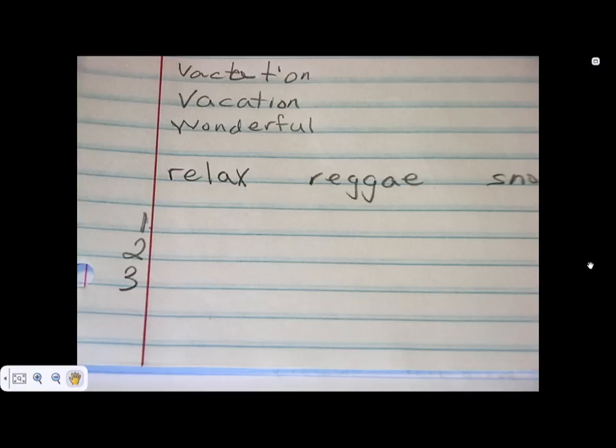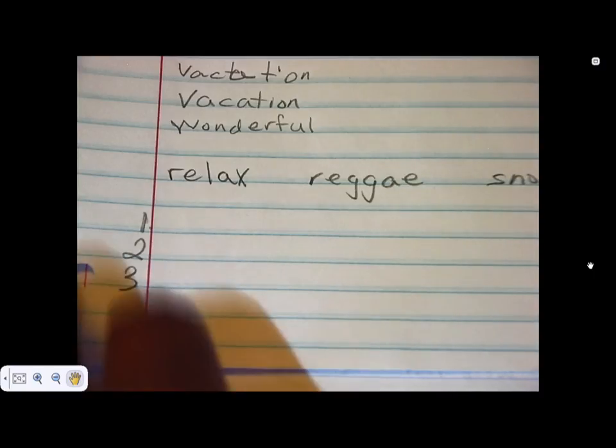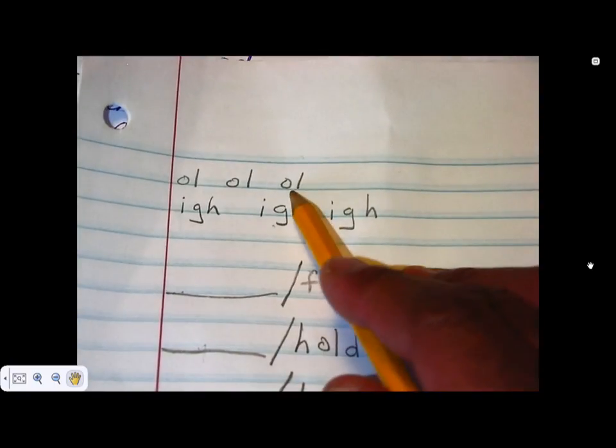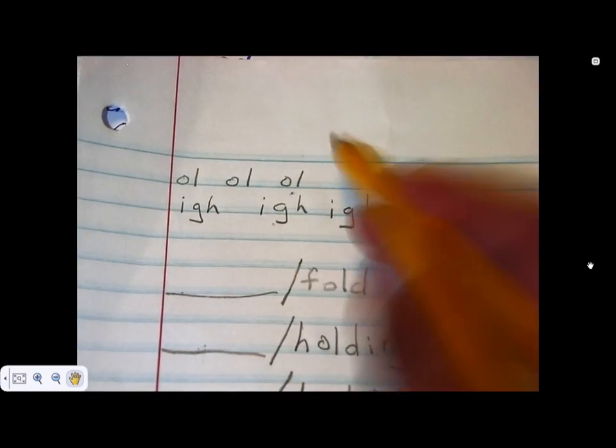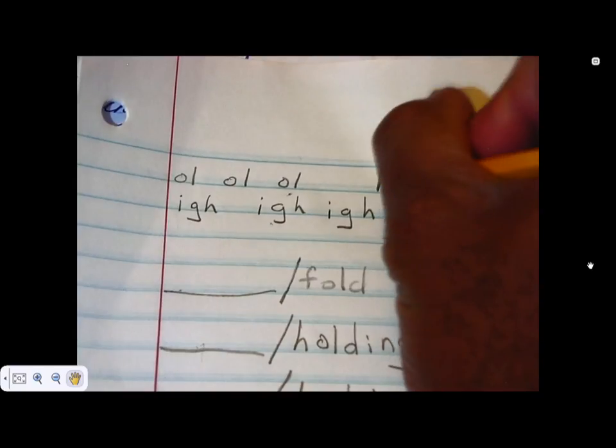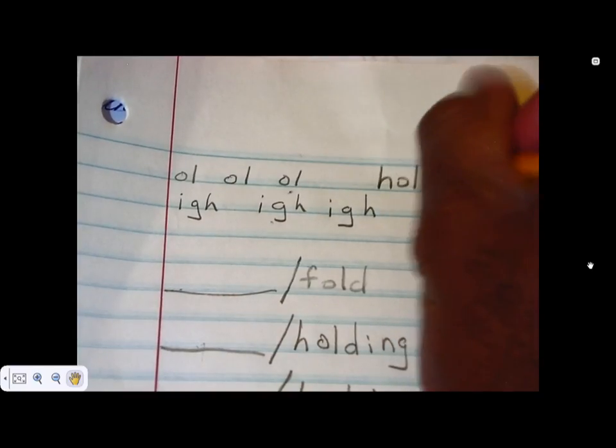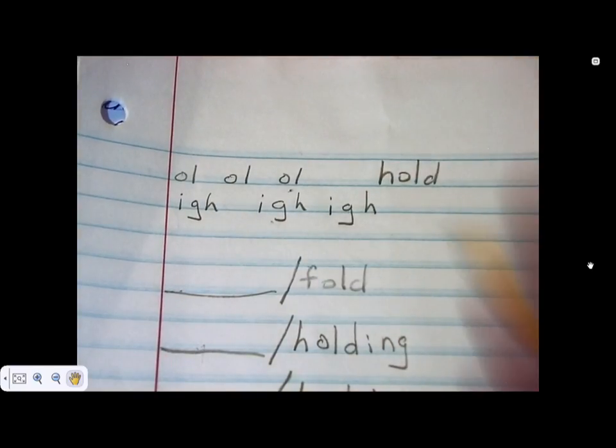Very good. That's going to be the end of the lesson, but before we go, I need you to remember, we looked at the letters O-L, and the letters O-L say old, like in hold. Okay?